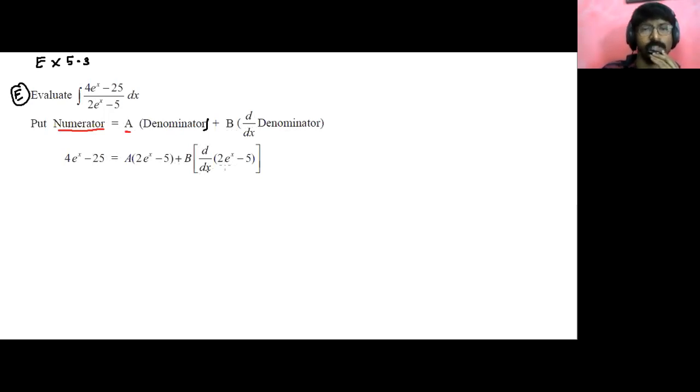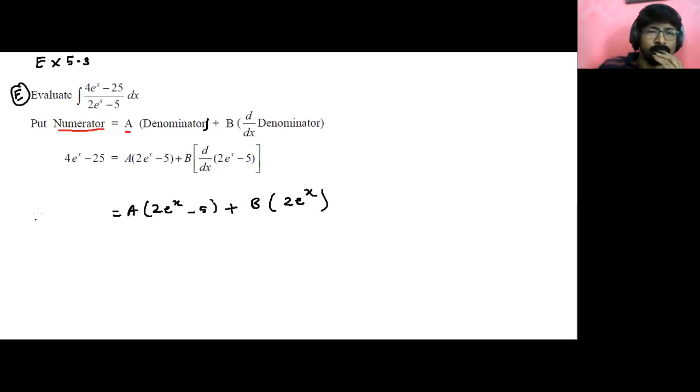So we write a into the bracket 2 e power x minus 5 plus b into the derivative of the denominator. The derivative of 2 e power x would be 2 e power x, and the derivative of 5 is 0, so nothing to worry. And that is nothing but 4 e power x minus 25.